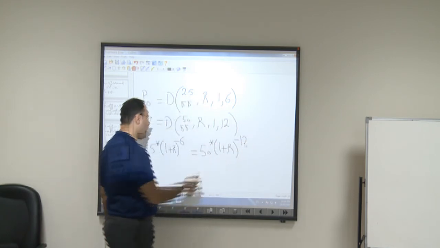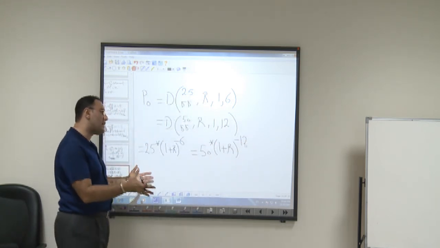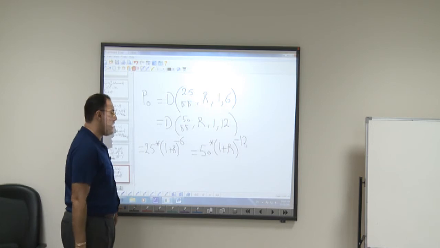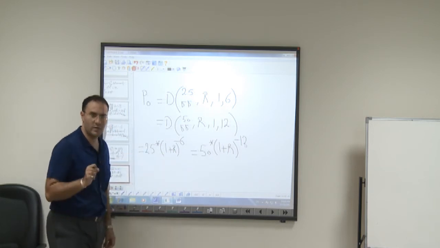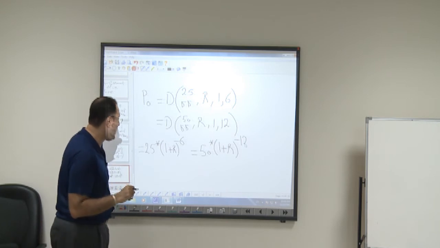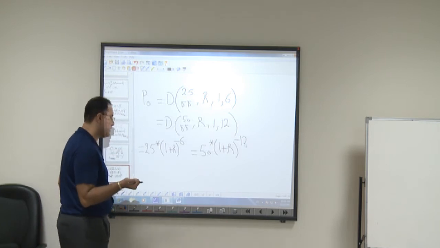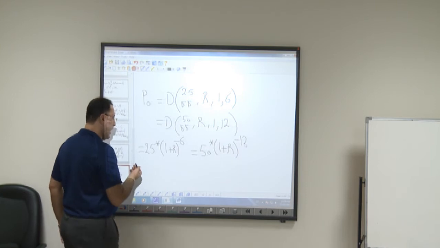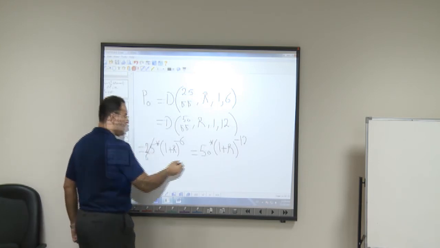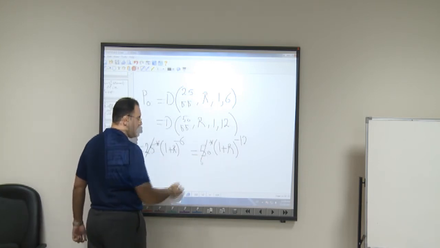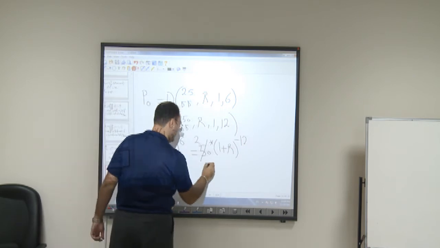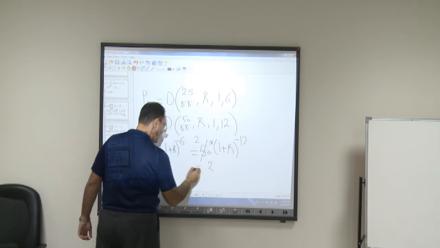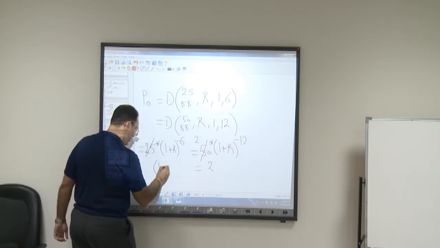And now we can solve for R. We have an equation and a single unknown, and mathematics tells us that single unknown can be solved for. How can we do it? The 25 is going to be flying off with the 50, leaving us with 2 here, and this is going to be 1 plus R to the power of 6.